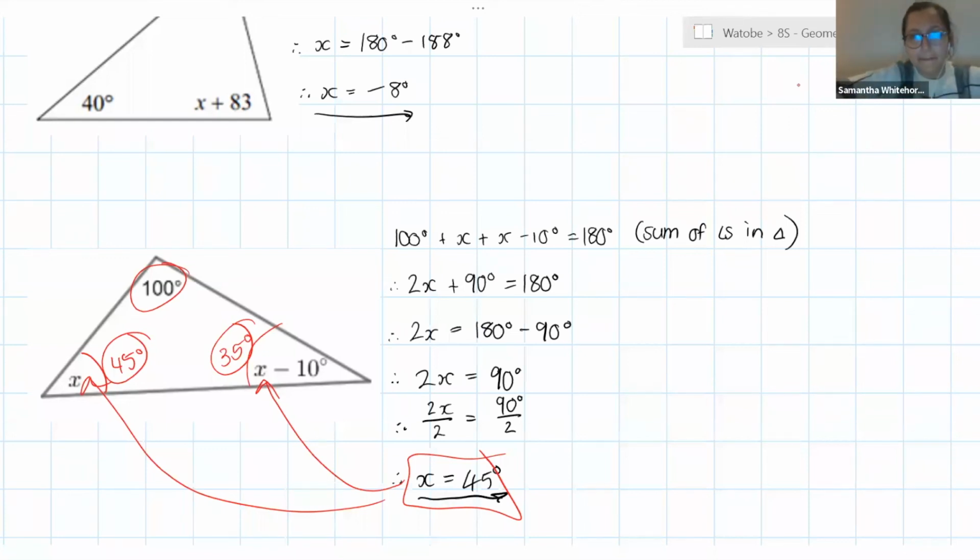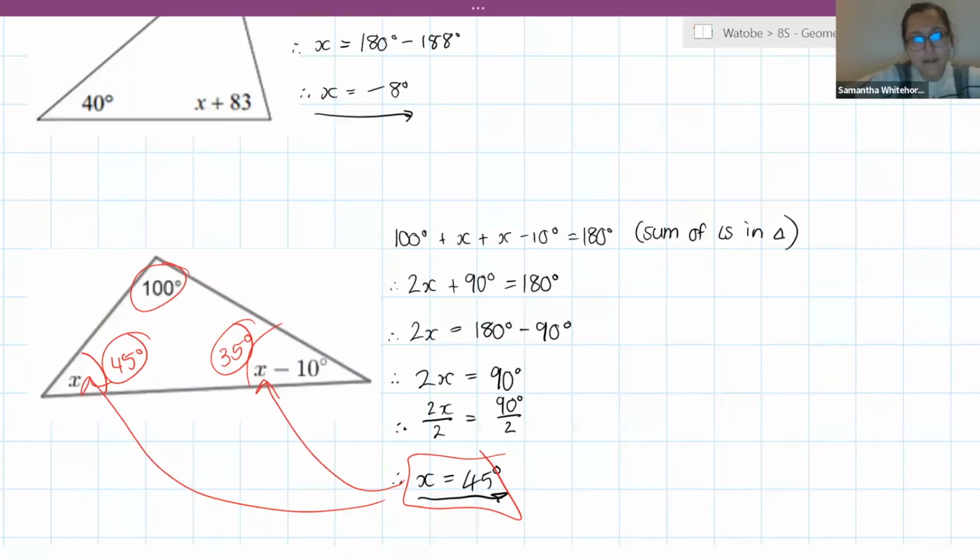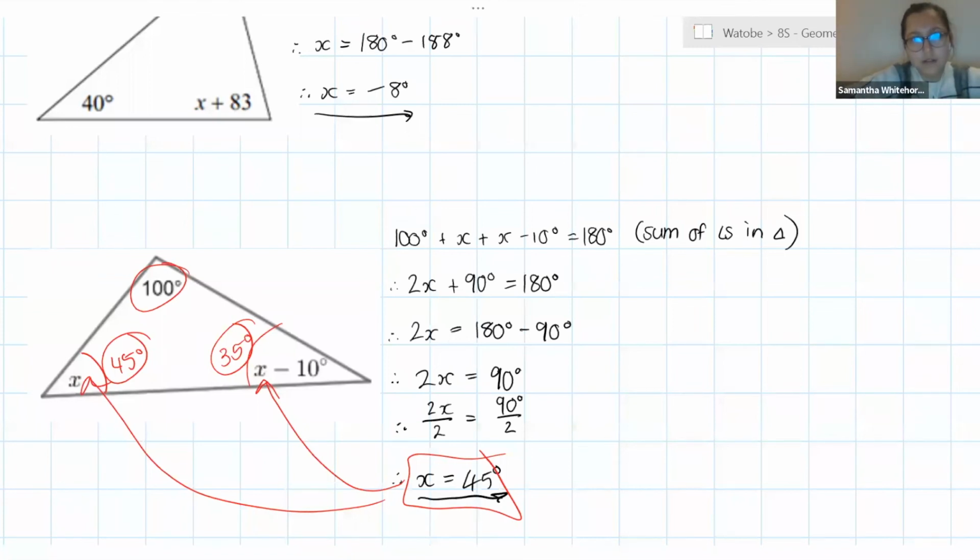Ma'am, I said 100 degrees plus x minus 10 degrees equals 180 degrees because of the sum of angles in a triangle. And then I said 2x equals 180 degrees minus 100 minus 10 degrees.